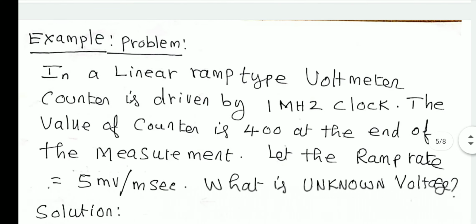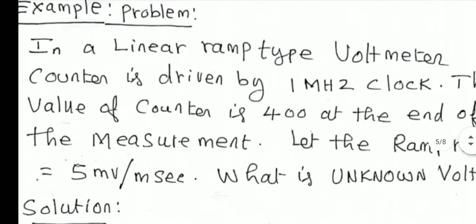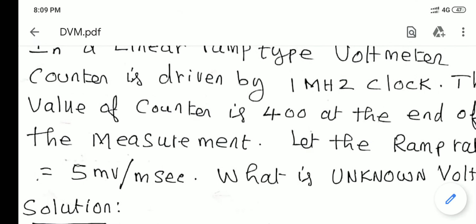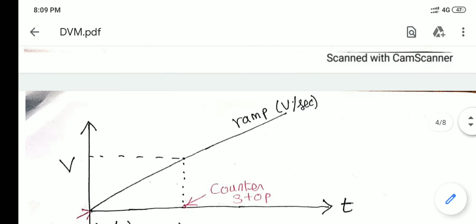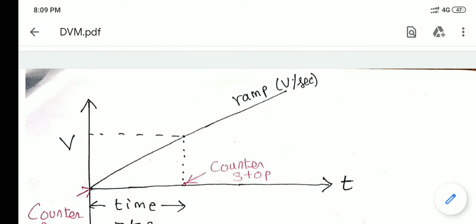The value of the counter is 400 at the end of the measurement. Let the ramp rate be 5 millivolt per millisecond. This is the slope of the ramp: 5 millivolt per millisecond.